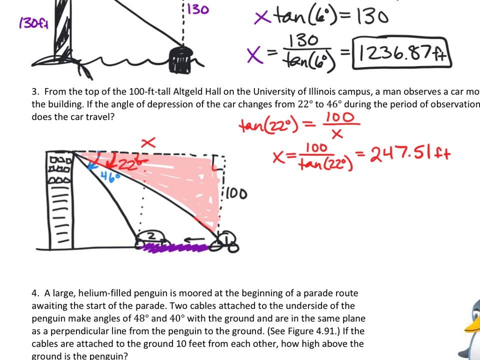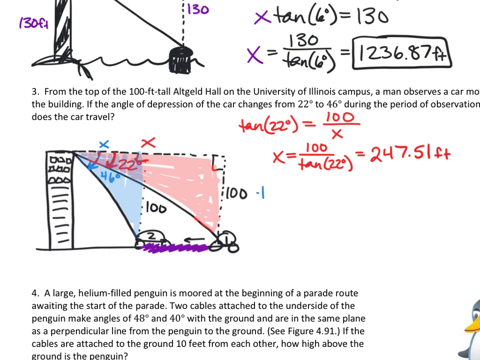Great, that's the red triangle. But I also have a whole other triangle on here that I need to solve. I have this triangle. What's the height on that section? It's still 100. Yeah, that didn't change. And I still want to figure out this distance x. So I'm going to use the same trig function.